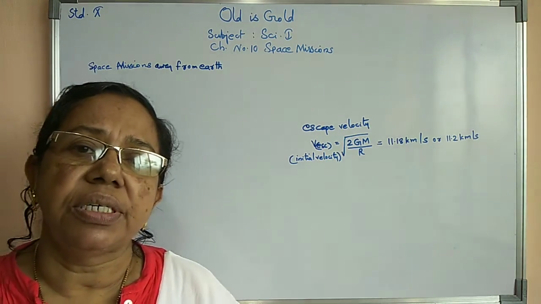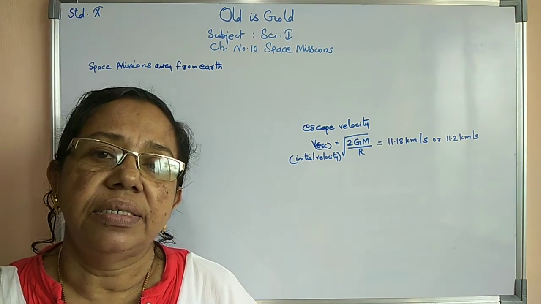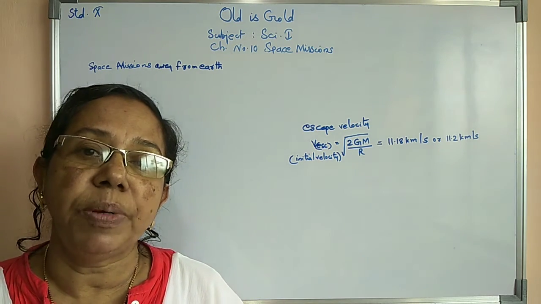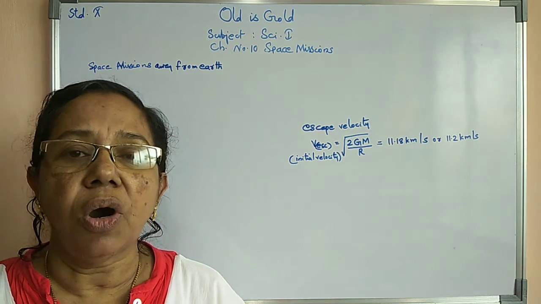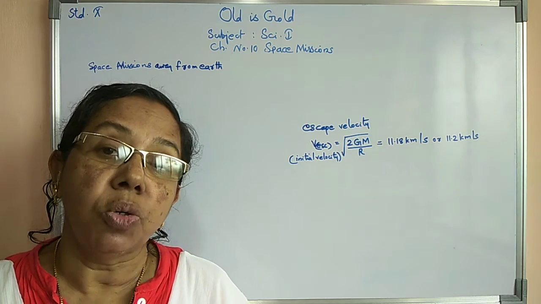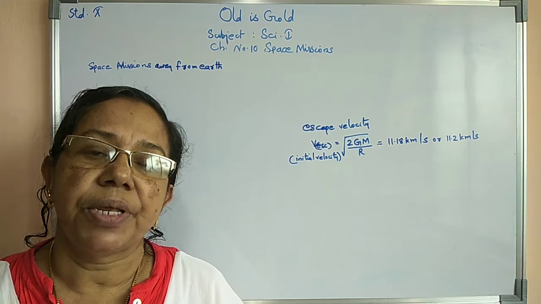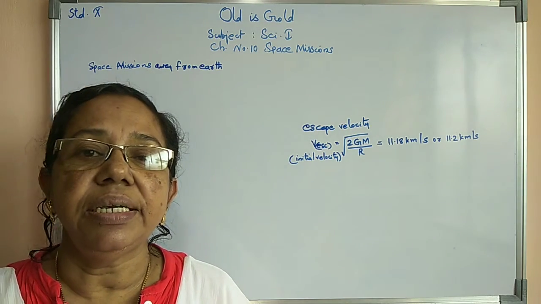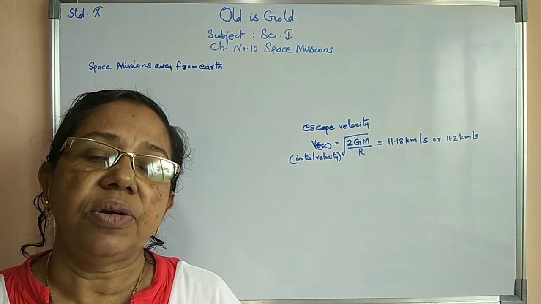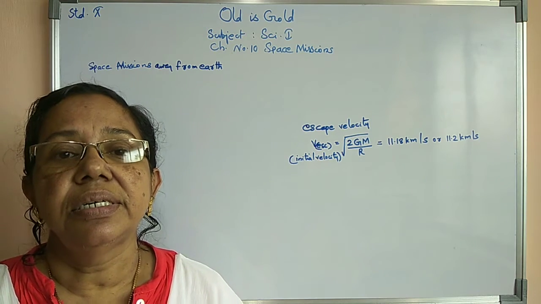Now, we will study various missions done by scientists for sending as well as orbiting satellites on the orbit of Earth, the orbit of the Moon, and even the orbit of other planets. So here, first we will study orbiting satellites on the Moon, and even on Mars.